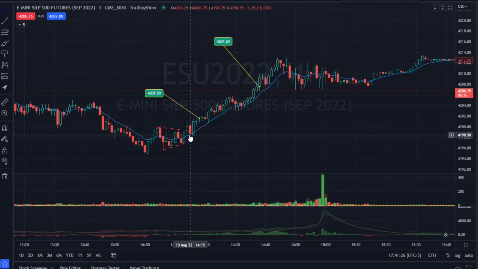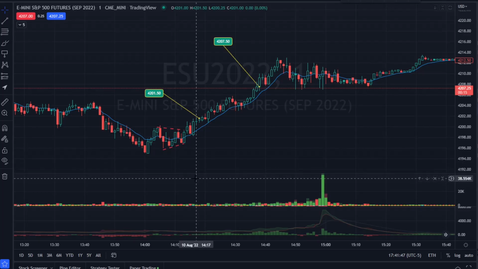Now I am looking to see if we get a candle that takes out this bear candle, meaning a candle that's bigger in body and size than this bear candle. That means to me we have positive momentum.